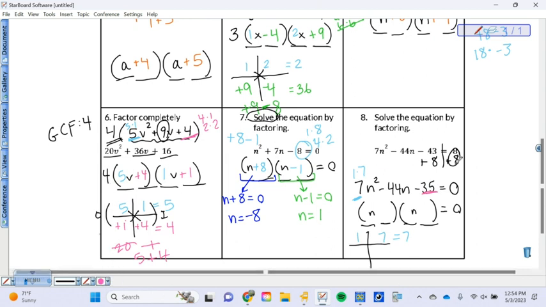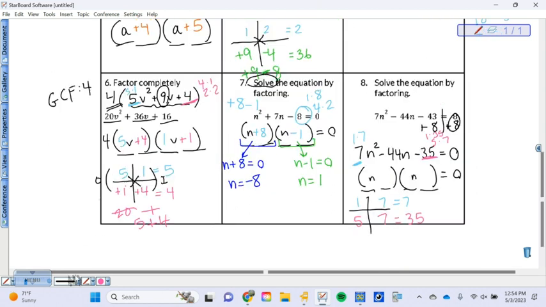What about 35? What are my factors of 35? 5 times 7. Which one do you want to try to get us to 44? 5 and 7 definitely give me 35. And then we look at our outers and our inners.